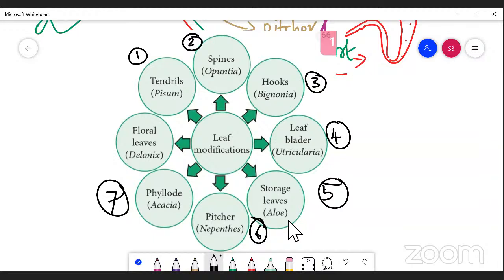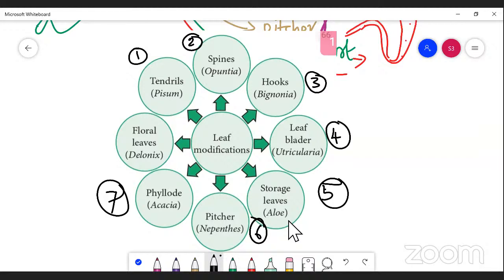Instead, here, which is a very special character in case of acacia, instead of leaf lamina, the petiole becomes a very flattened green blade-like structure. That modified leaf petiole performs photosynthesis. Such a modification is said to be phyllode. The phyllode is characteristic of acacia.